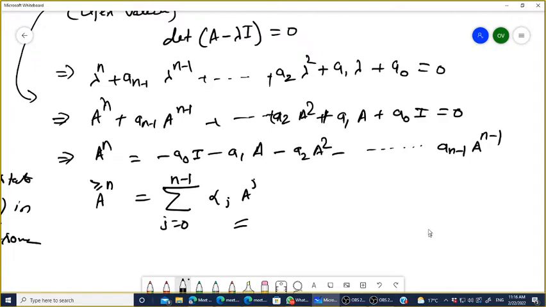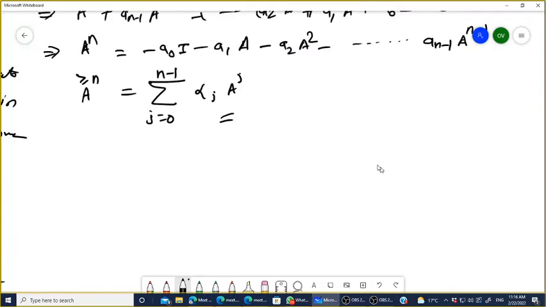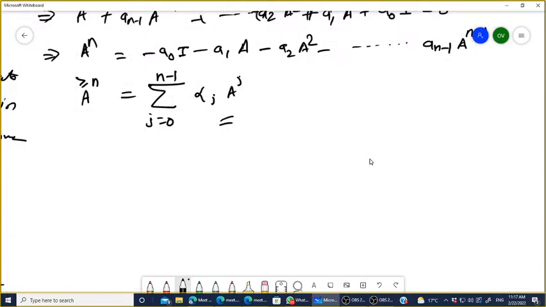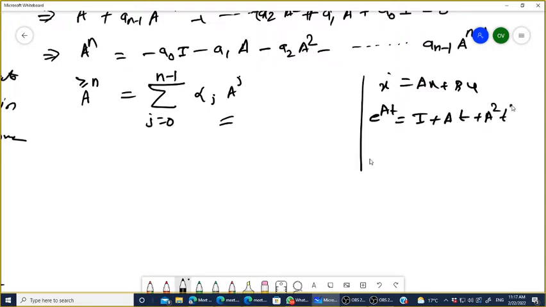Please slide, please. Okay. You know very well x dot is equal to Ax plus Bu. e to the power At is equal to, we have written, I plus At plus A square t square upon 2 and like this.